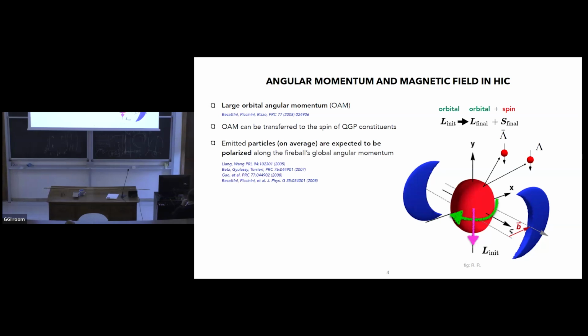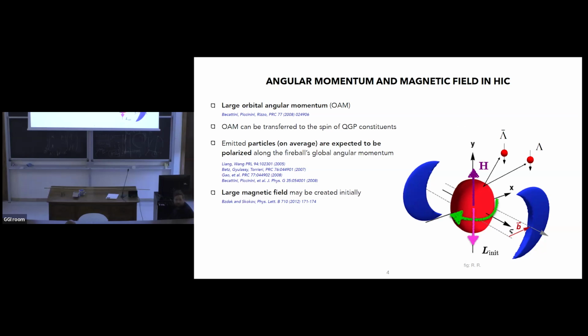The question is if it is transferred to the plasma, how fast and at what rate, and if it really does, then it should be visible in the final distribution of particles. This was proposed, and then it was actually measured.